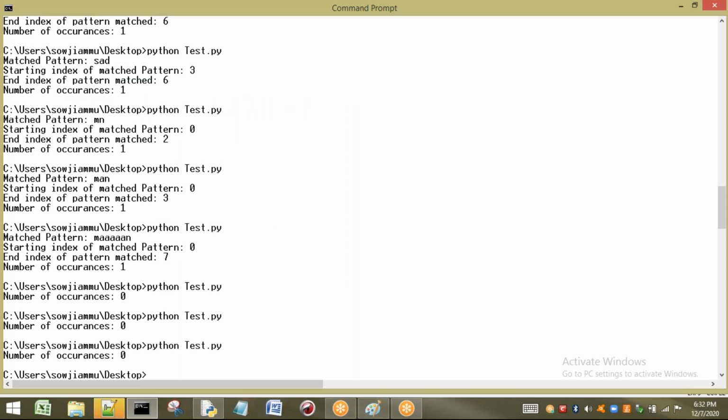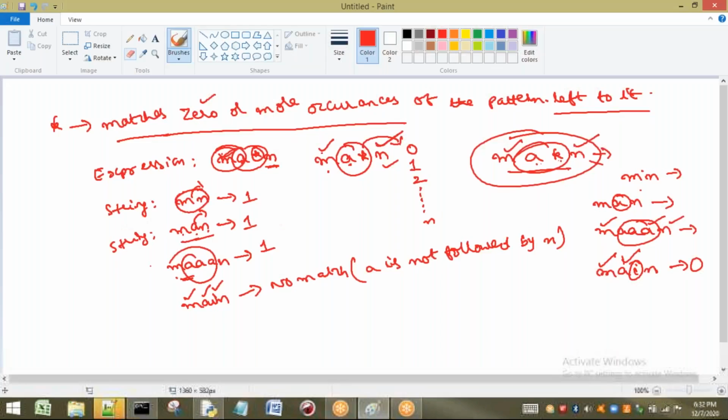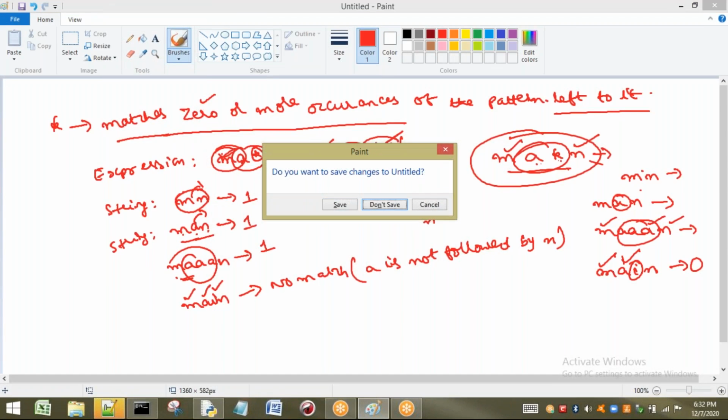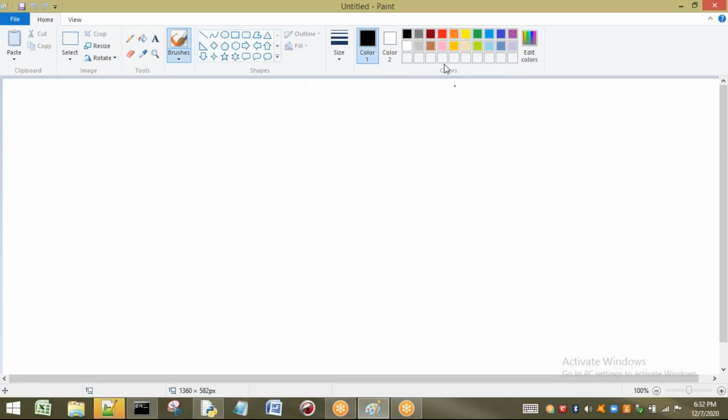Okay, right. Now let us go to the next meta character, that is the plus symbol. So what is meant by plus? Already we have seen about star. In the same way here, this plus is going to match one or more occurrences.